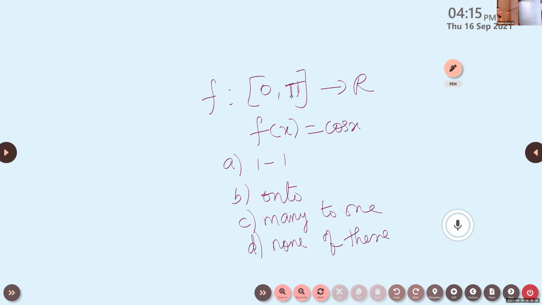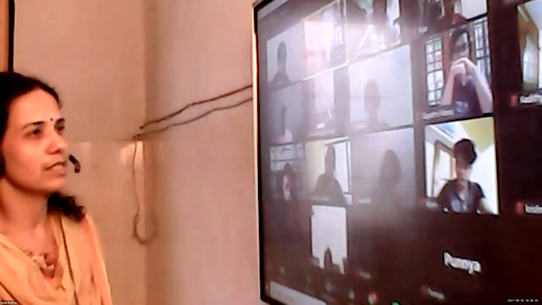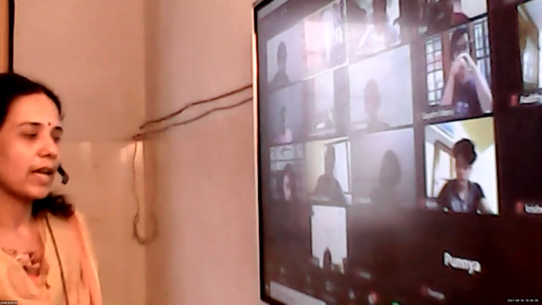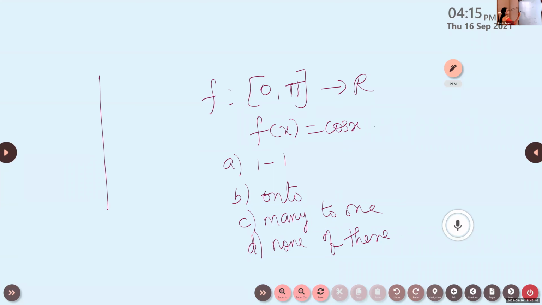Okay, listen children. This method will be given when you go for entrance exams. That method only I am going to suggest, because otherwise you will get confused when you apply the values. What about the graph of cos x? Cos 0 we know is 1. Suppose this is 1, and here it is pi.